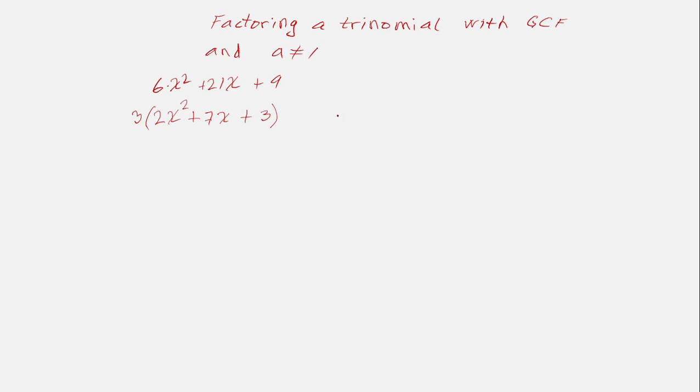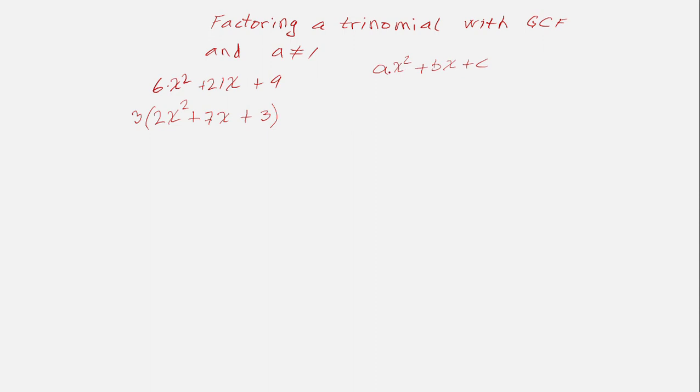And why do we call it the AC method, and why do we say a different than 1 right here? Well, it comes from the standard form of this kind of polynomial: ax squared plus bx plus c.